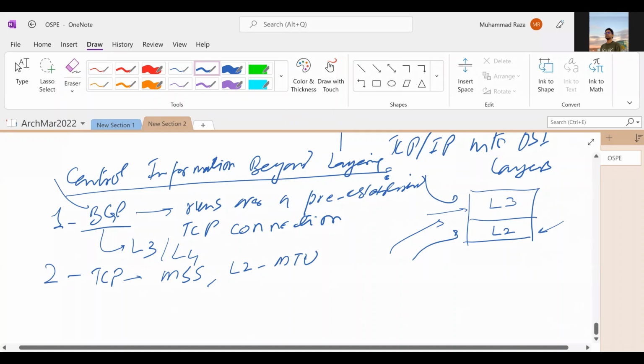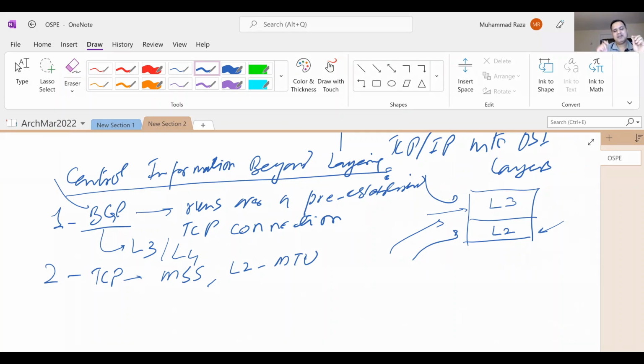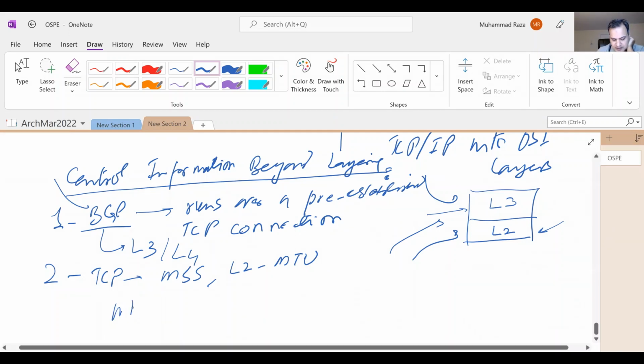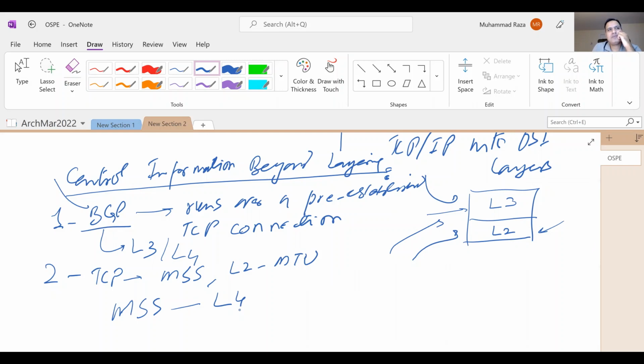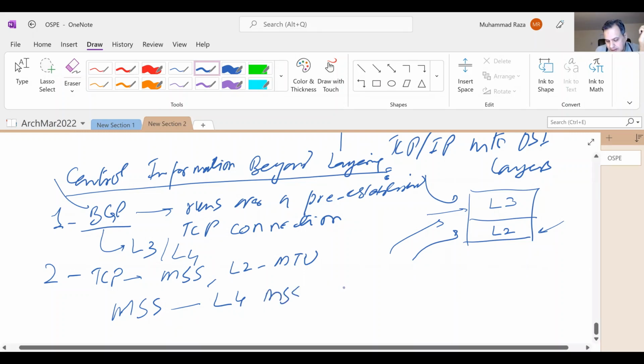Okay. So you tell me, when I'm talking about the maximum payload size of L4, the MSS of L4, because I'm talking about TCP, which is L4, does MSS depend on MTU or not?